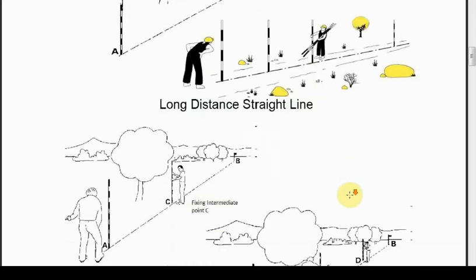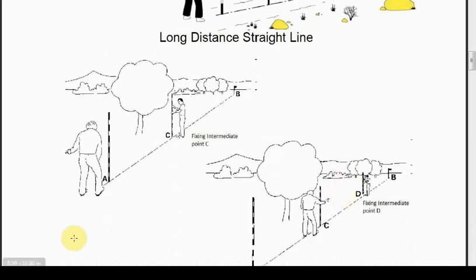So we have a person standing at A, and a ranging rod is fixed at A and a ranging rod is fixed at B. Now the surveyor standing at A will instruct another person who is standing at some intermediate point C to fix his ranging rod at point C such that points A, C and B are in a single straight line.